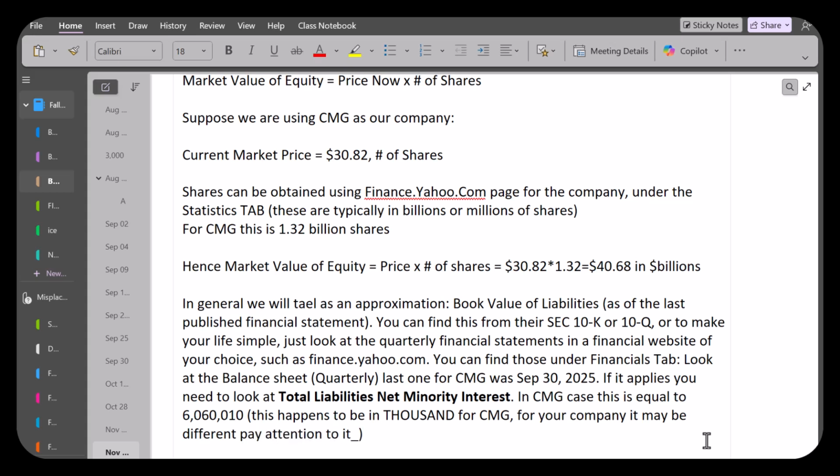Because if you don't, I'm measuring the market value of equity in billions, but if you don't make that correction, it's going to look like these guys have a lot of debt, even though they don't.